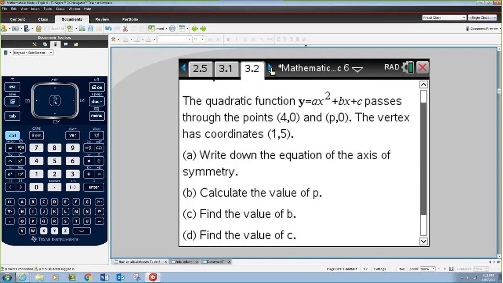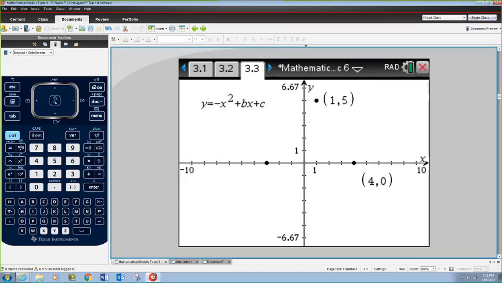So in class, we would start by saying, okay, if that's (4, 0) here, and that's a turning point or a vertex, so we know that the vertex is halfway between the x-intercepts, and the axis of symmetry passes through the x-coordinate of the turning point. So in class discussion, we would have got those values, (4, 0), (1.5, ...), (-2, 0).